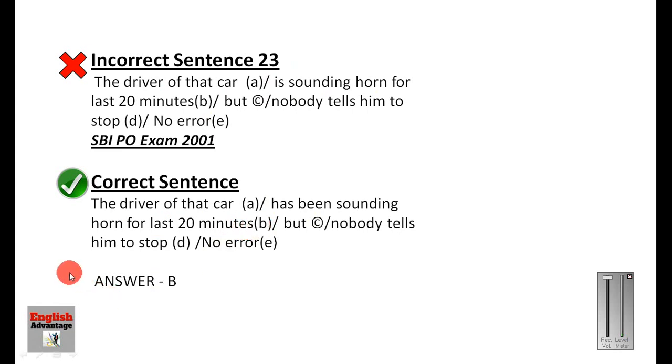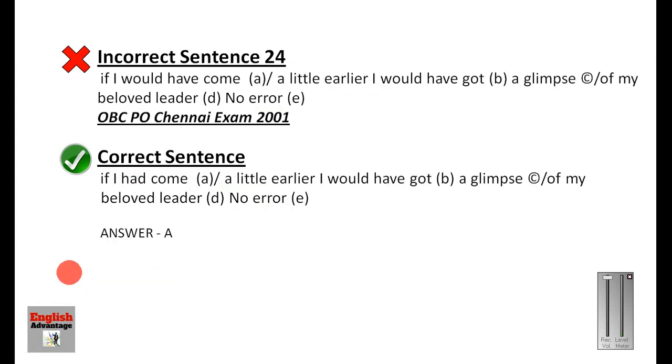Now let us see the next question. If I would have come a little earlier, I would have got a glimpse of my beloved leader. Now here you can see that "would have" comes twice. In any sentence it cannot come twice, because "would have" is always paired with "had", and "had" you have to use with this conditional word "if".